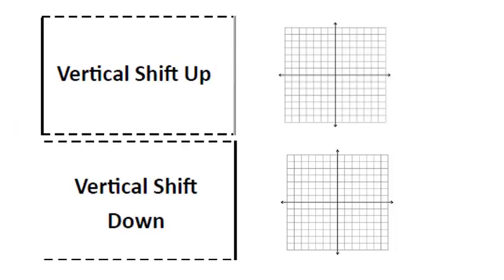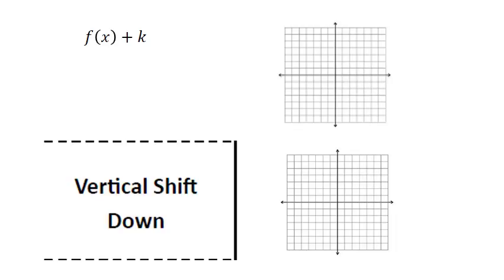Let's take a look at the vertical shift tabs on your foldable. Let's start with vertical shift up. A vertical shift up is represented when the function has a constant added on.